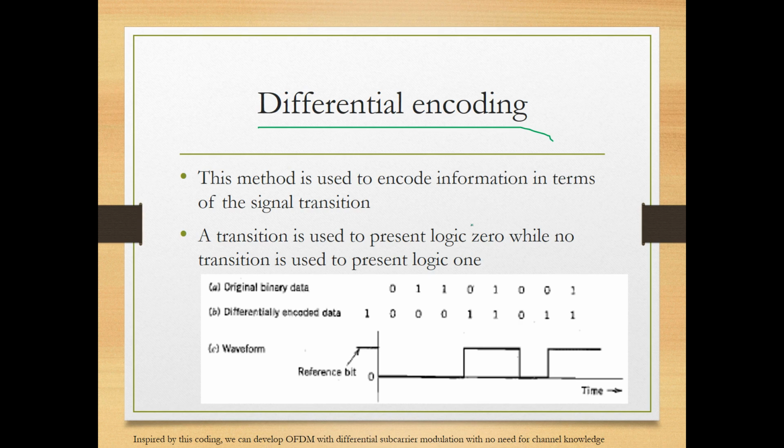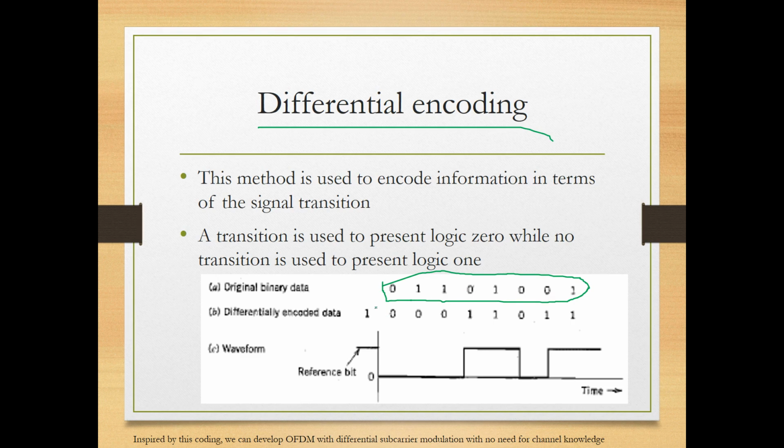Suppose I give you a signal like this. Yes, this is the signal I give to you, and data bits, of course. And I want this to be transmitted using differential encoding. So you tell me, okay, you gave me this sequence 0, 1, 1, 0, 1, 0, 0, 1.